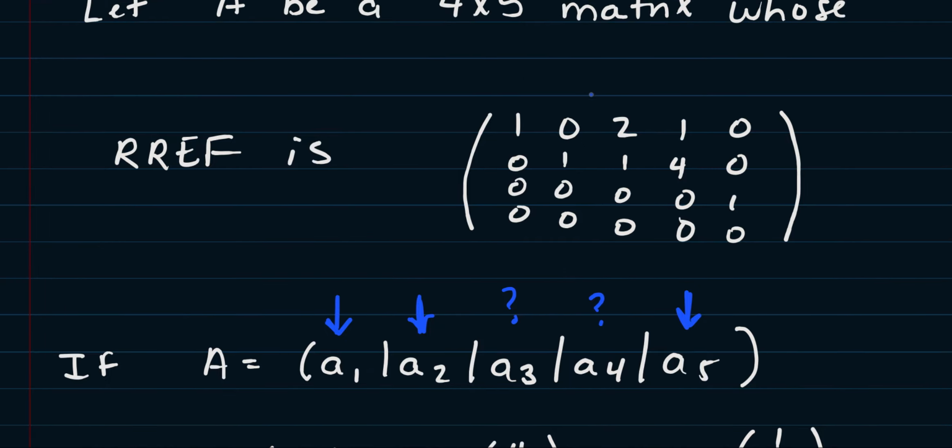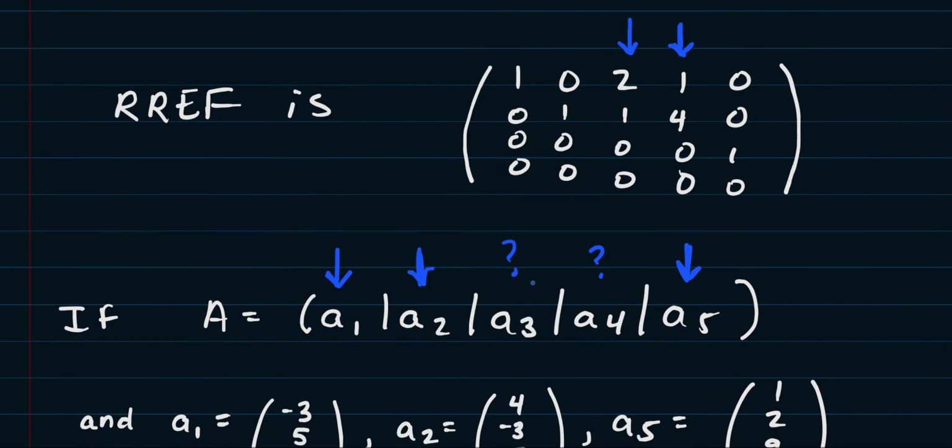Okay? So we don't know A3 and A4. So let's look at the reduced row echelon form of this matrix, its third column and its fourth column. This third column is 2 times the first one plus 1 times the second one. That relationship is going to hold in your original matrix.